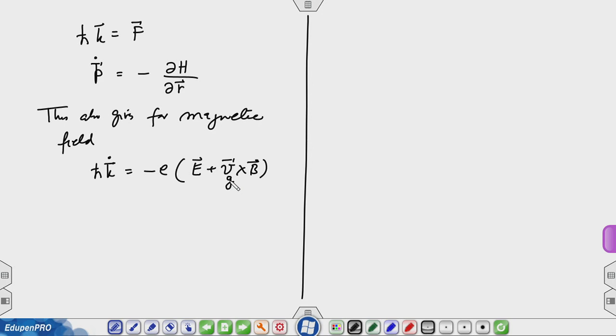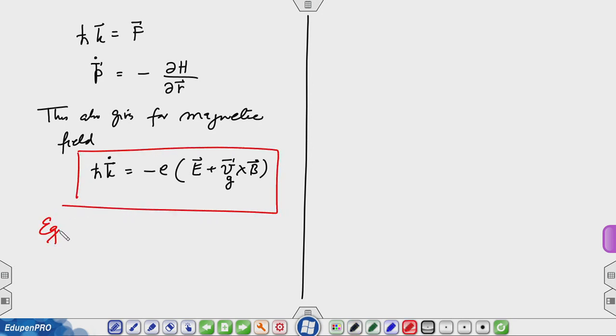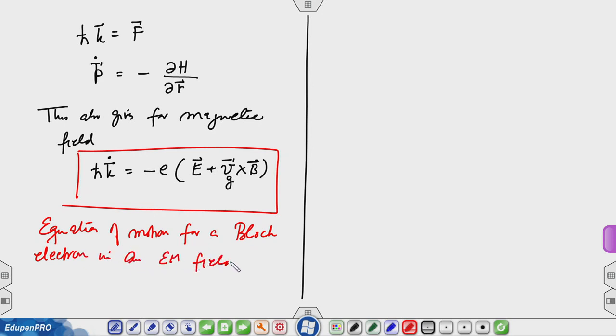Remember, we are representing the electron by this group. So, it is always this. So, this is the equation of motion for a Bloch electron in an EM field.